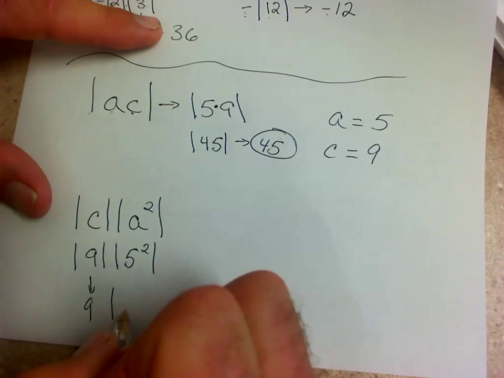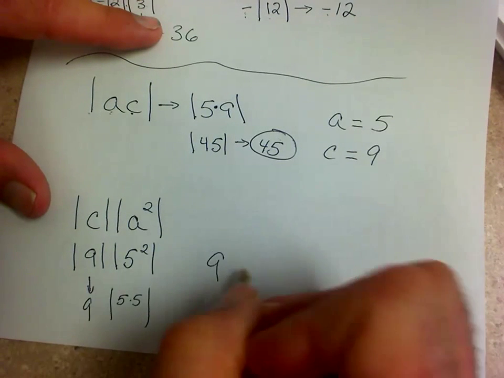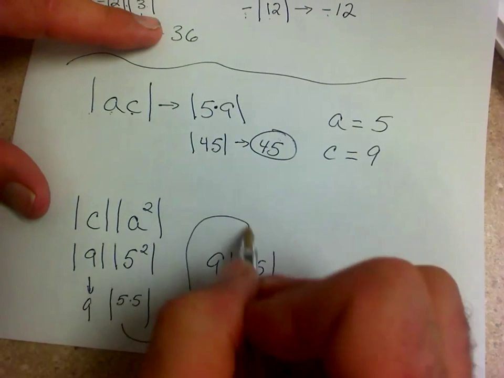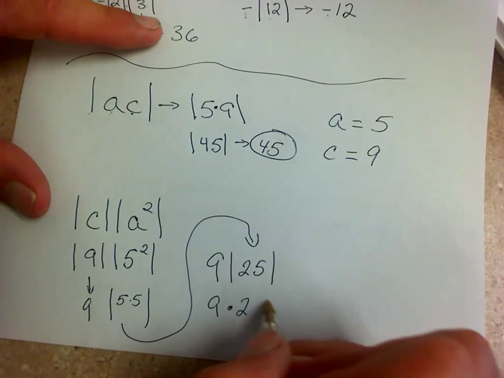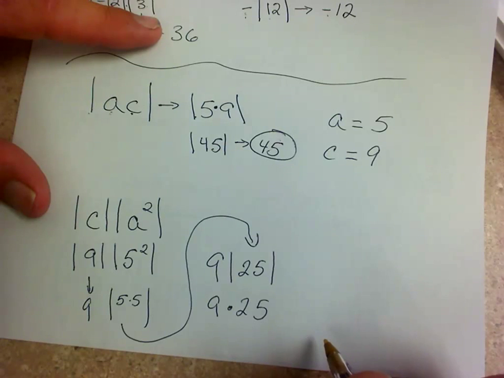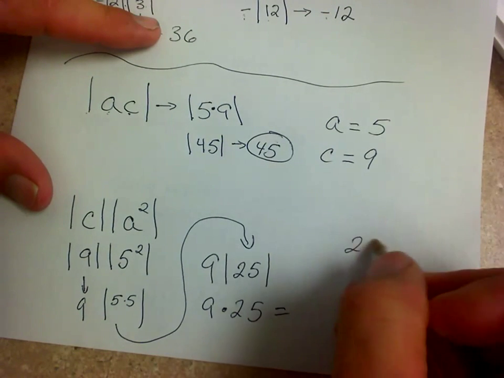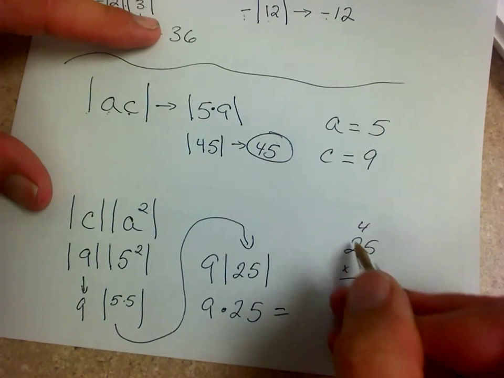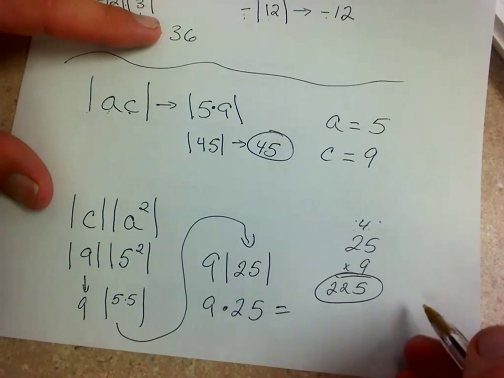This would be 5 times 5, so we have 9 and the absolute value of 25. Okay, so we have 9 times 25. 5 times 9 is 45, carry your 4, 18, 19, 20, 21, 22. So we would get 225.